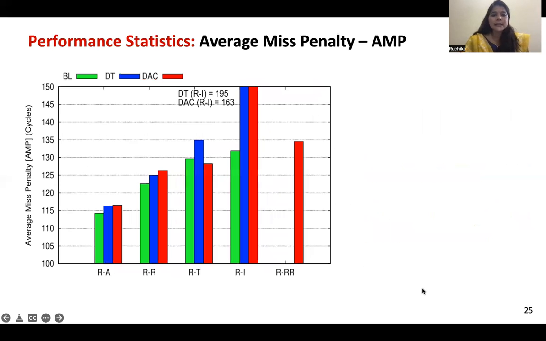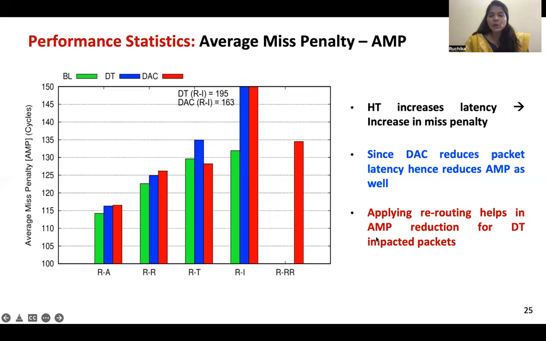Another performance statistic we capture is the average miss penalty. We know that if HT increases the latency, that implies there will also be an increase in miss penalty. But we can see that DAC, shown in the red bar, the dynamic adaptive caging, actually reduces the packet latency, and hence the average miss penalty is also reduced.